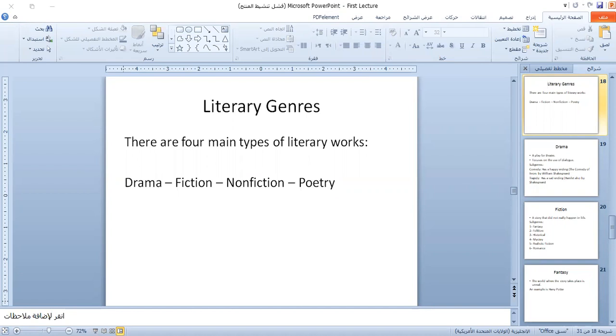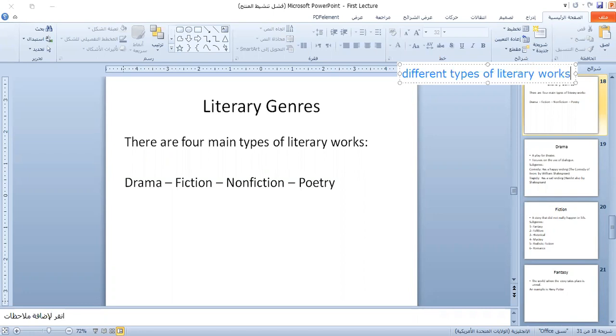The word genre sounds weird because it's originally French. It doesn't sound like the normal kind of English words. So genre as a word means types. In our literary context, literary genre means the different types of literary works.